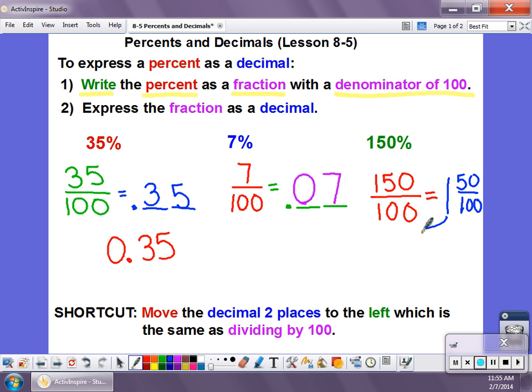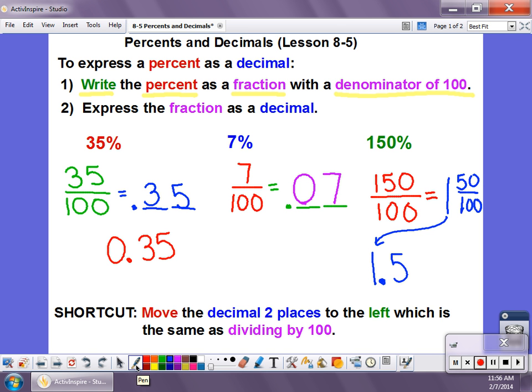Now, this 1 is going to become my whole number in front of my decimal point. The 50 hundredths would look like this, 50 hundredths. Now, because that hundredths place is a 0, we could also write this as 1 and 5 tenths. That's just another way to do it.